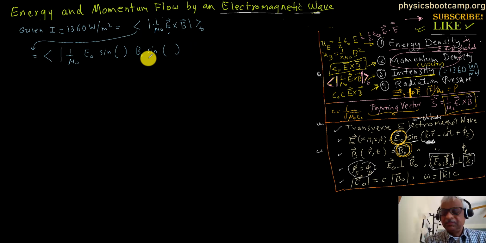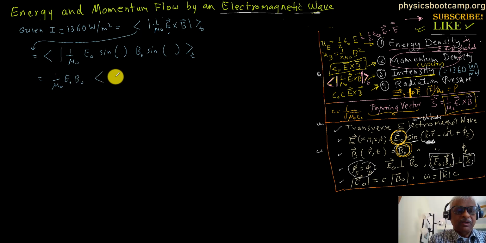That's it. And we're going to do the time average, so you can see E0 B0 comes out. It's going to be 1 over mu naught times E0 B0 times the time average of sine squared.